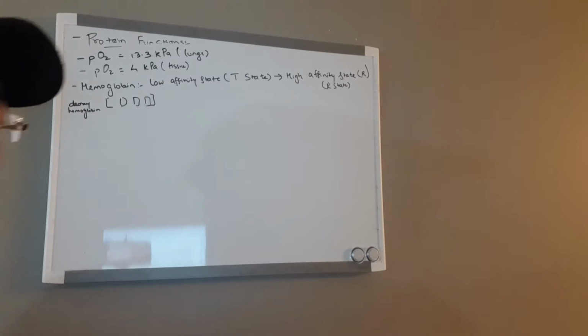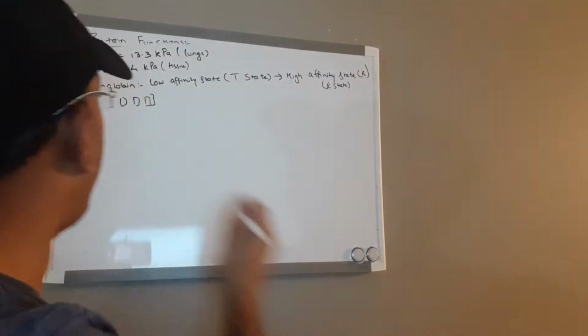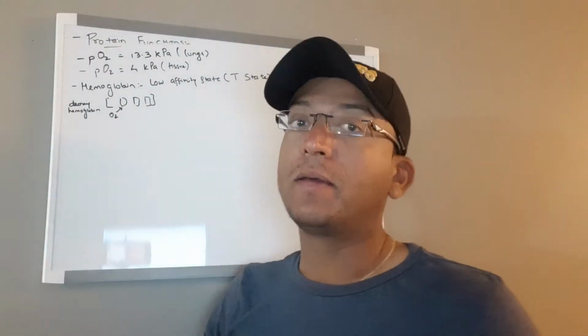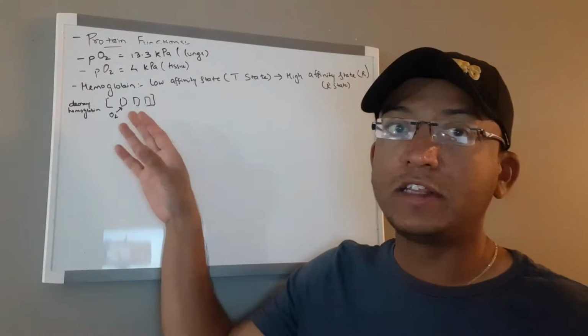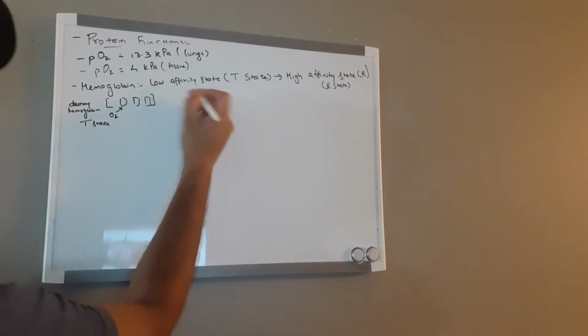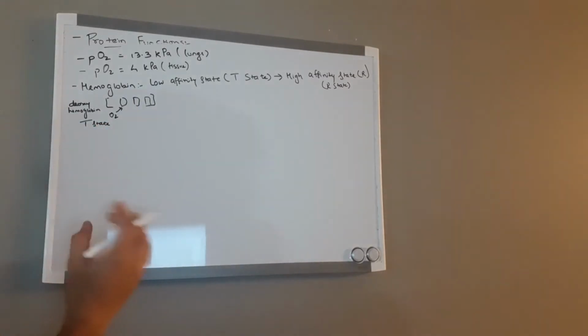The first molecule of oxygen, O2, will bind, for example, here, weakly, because this will bind to a subunit that is in the T state, and the T state has a low affinity for oxygen.